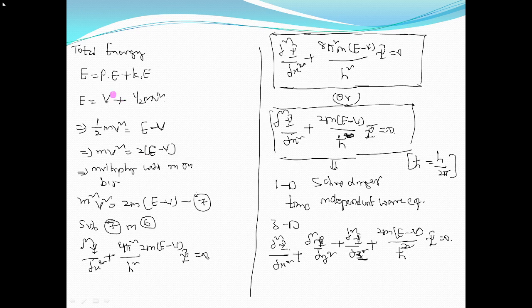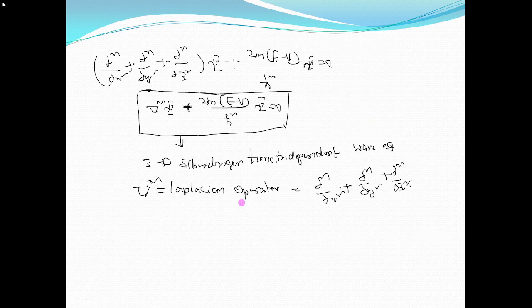Later, I calculated the expression for m²v² and substituted in this equation. So I got the Schrodinger wave equation. So this is the one-dimensional Schrodinger wave equation. Later we extended this to 3 dimensions. Maximum in the examination they will go for the one-dimensional wave equation.